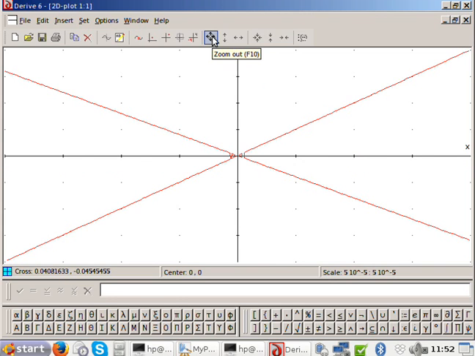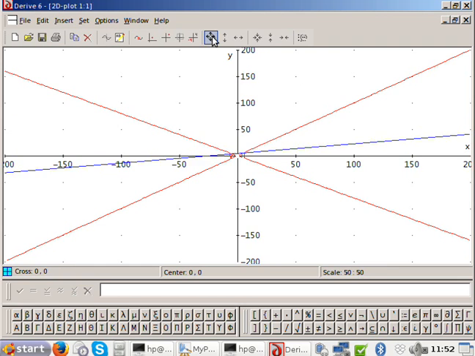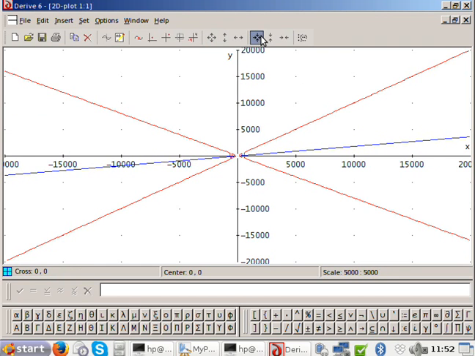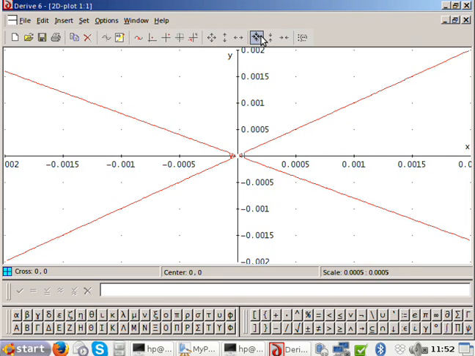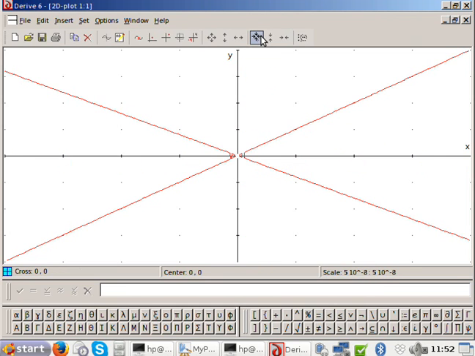Zoom out. Isn't that weird? It looks like there's something here, doesn't it? So let's zoom in. Not making any progress. It's a very strange graph. You can zoom in, zoom out, it looks the same.